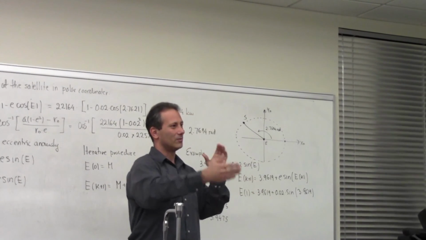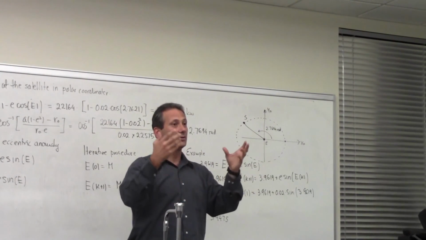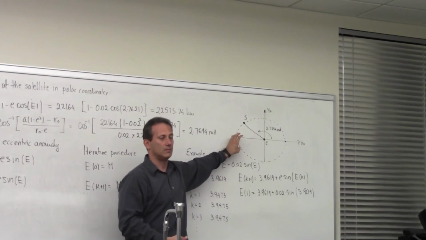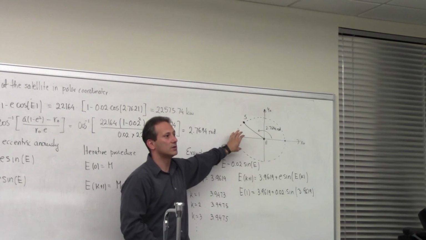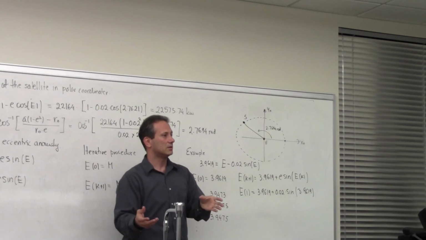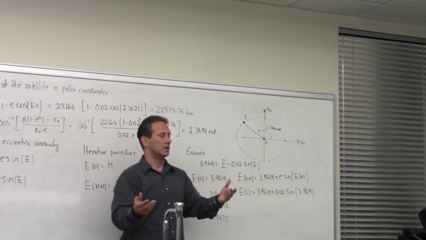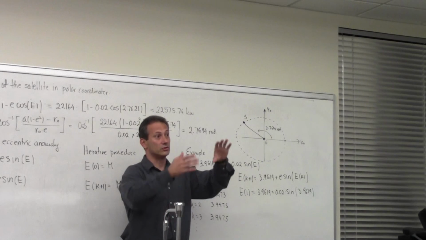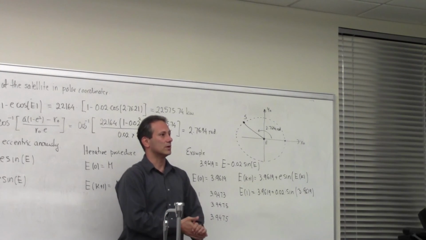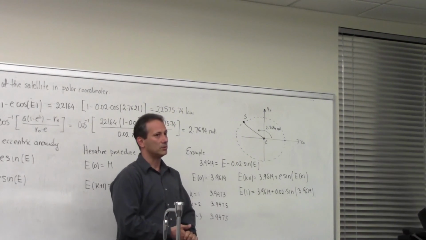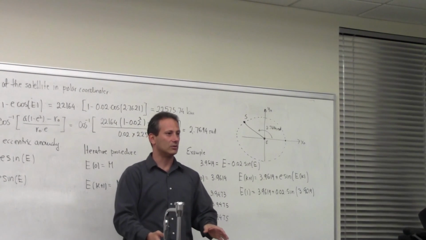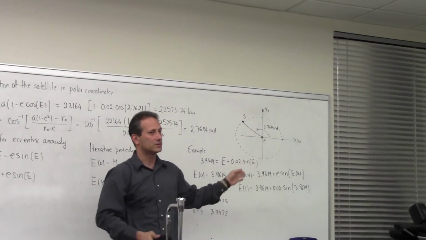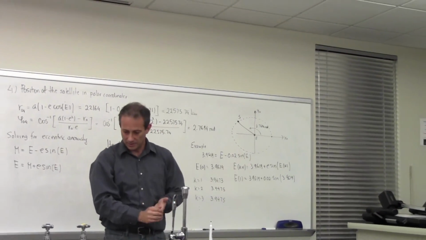So we now need to find a way to take the position of the satellite from this orbit-specific coordinate system and put it into something that is universal. We're going to have a geocentric system, and then ultimately we're going to look at latitude and longitude, the system that we use. Based on that, sitting at a given latitude and longitude, we'll be able to say the satellite is in this direction. But that's going to be covered next time.